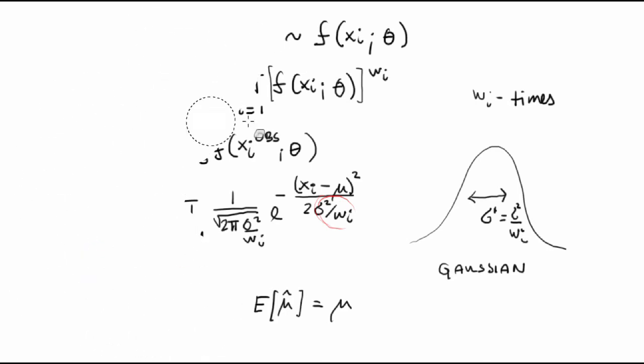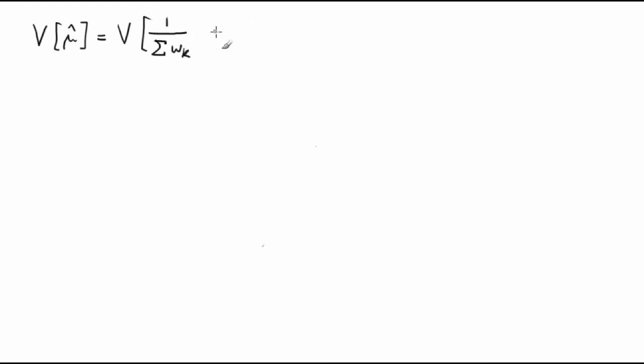The variance of this estimator is in some sense very intuitive as well. Variance of mu hat equals the variance of 1 over the sum of w_k times the sum of w_i times x_i. Now remember the properties of variance. 1 over the sum of w_k is just a constant, so we can take it out of the variance, but it will be raised to the power of 2.